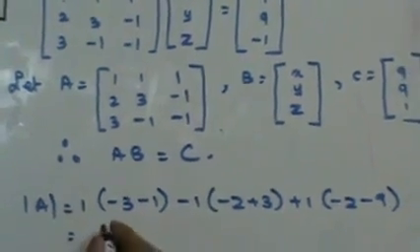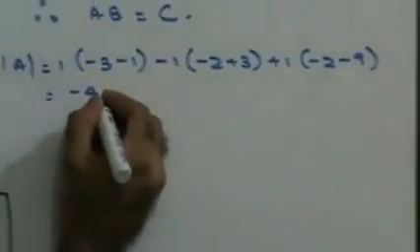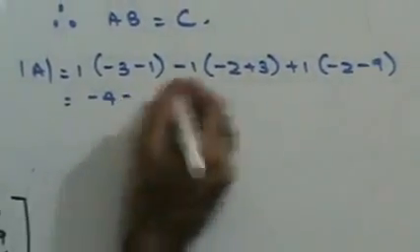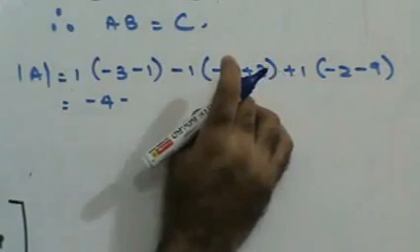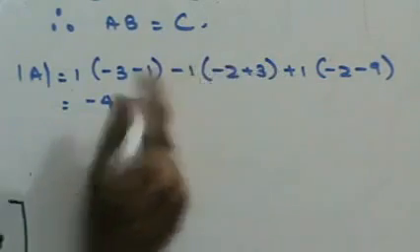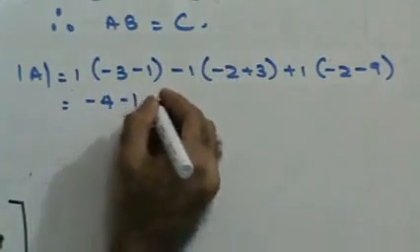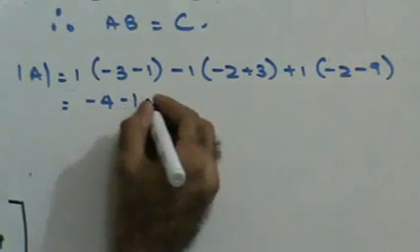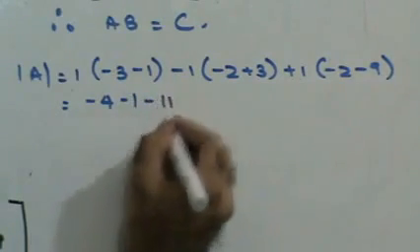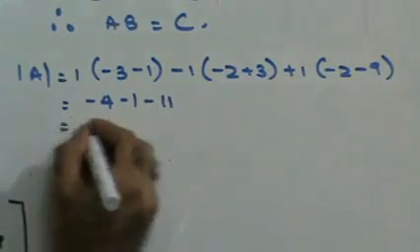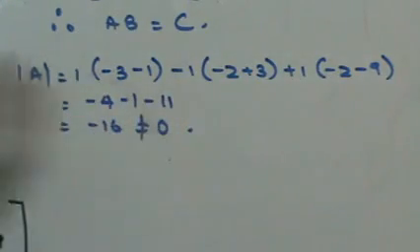So this is going to be minus 4, minus 1, minus 11. So in that case, this is going to be minus 16, which is not equal to 0.